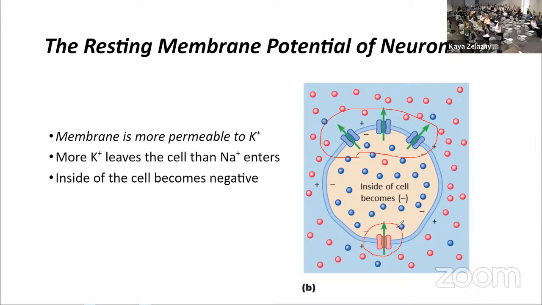So this is why at rest, the resting membrane potential, we have that -70 value, because all of that potassium permeability is creating a resting membrane potential that's closer to potassium's equilibrium potential.